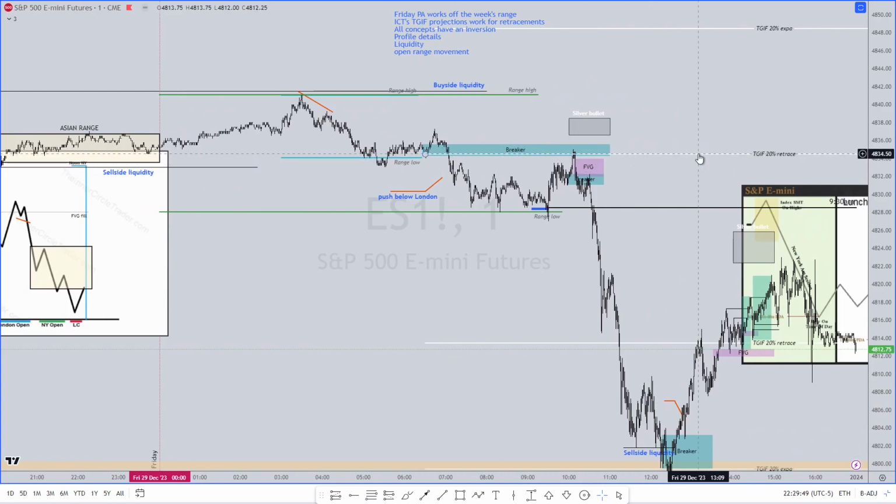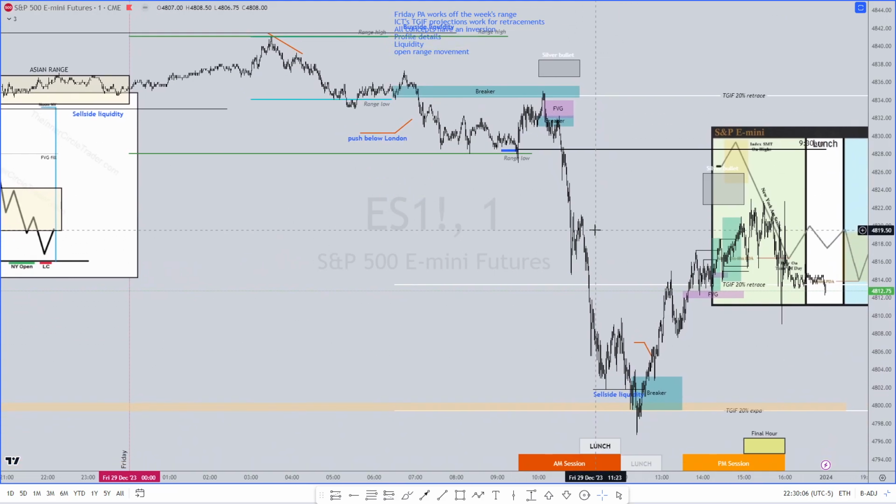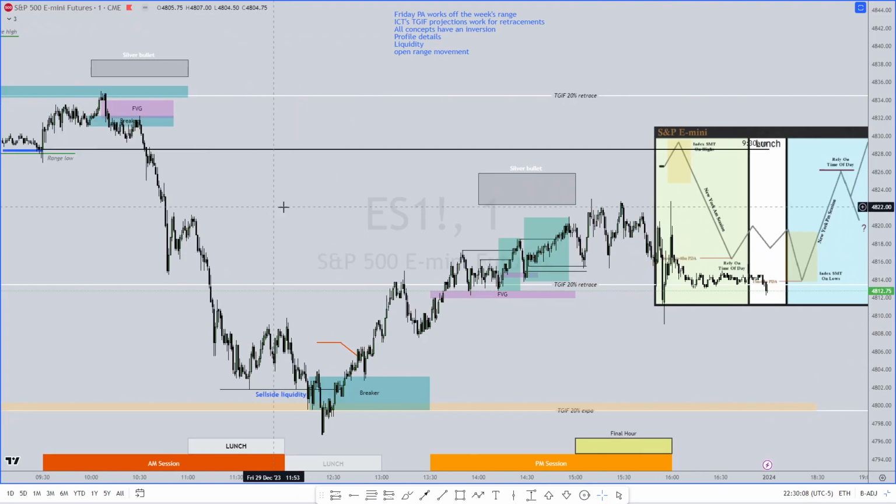That would have normally been a bearish retrace to a bullish move, because that's the bullish expansion. But once price broke below it, then we're expecting it to invert, so it becomes a retrace for a bearish continuation, and we saw that work out like textbook today.